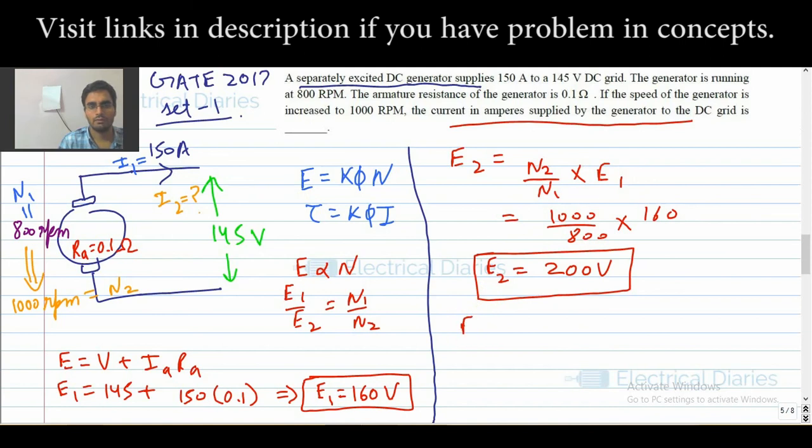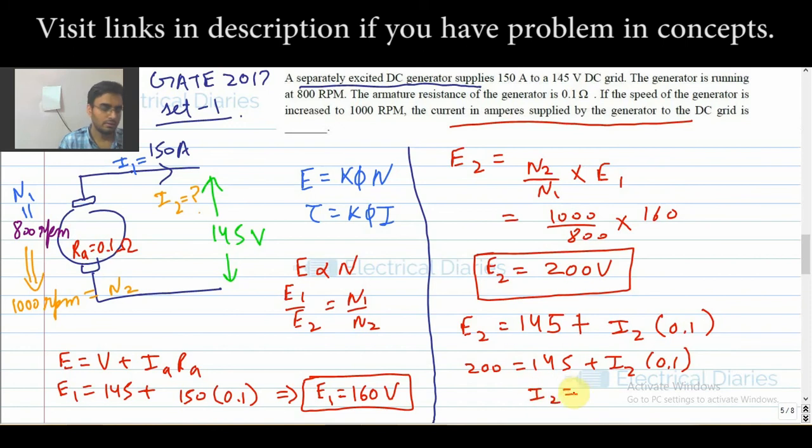E2 is equal to 145 volts, the grid voltage will remain 145 volts only, plus I2 RA. I have to find I2, RA will remain the same, E2 I know is 200. On putting the values, you will get I2 as 550 amperes, as I have got. So this is the answer.